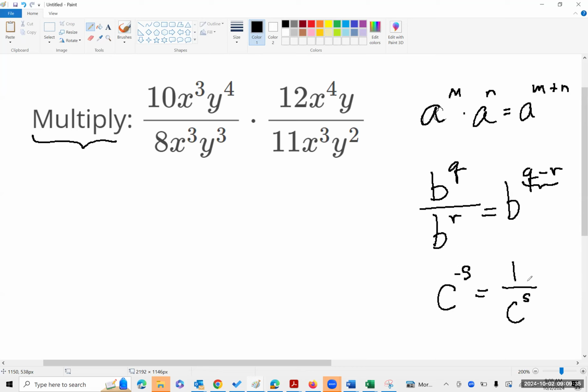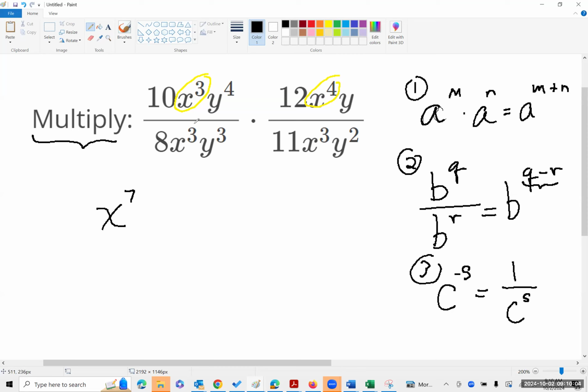All right, so let's just start by looking at x to the cubed and x to the fourth. And so using, let's call it property 1, we're going to add the 3 and the 4, that gives us a 7.